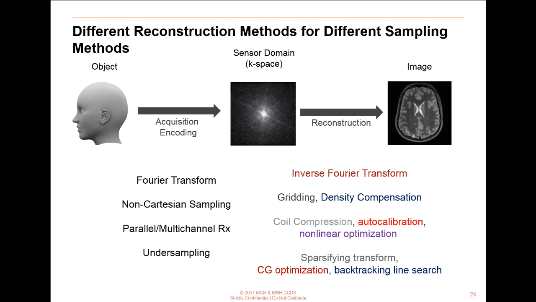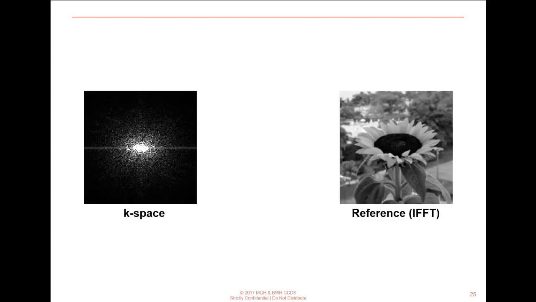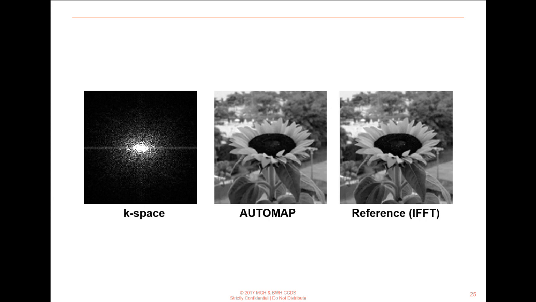The standard is an inverse Fourier transform, but there are other methods of sampling which require different kinds of modules effectively to do the image reconstruction. It turns out that you can train neural networks on k-space and examples of images to produce those images. So here's an example of a machine learning algorithm being trained on k-space, with some reference images from an inverse Fourier transform.